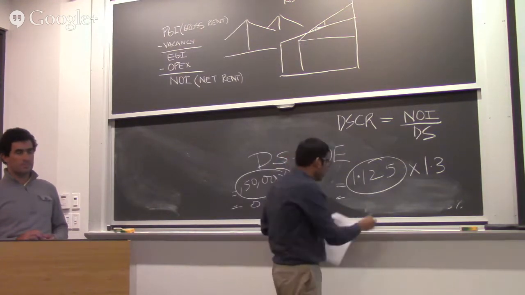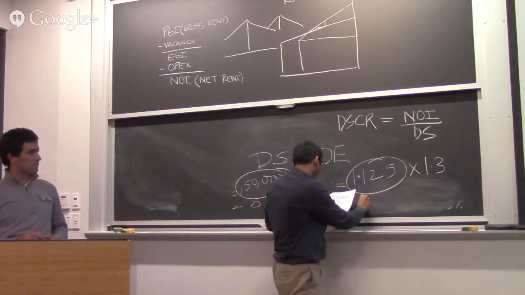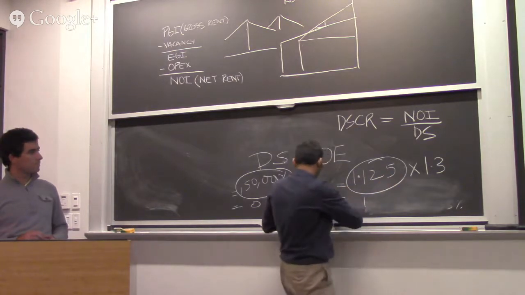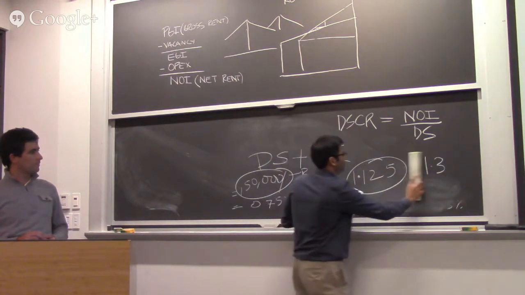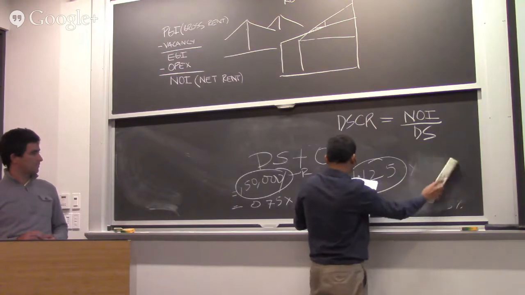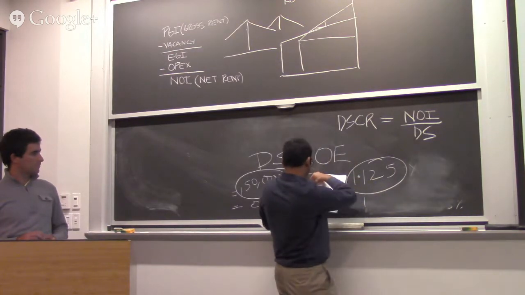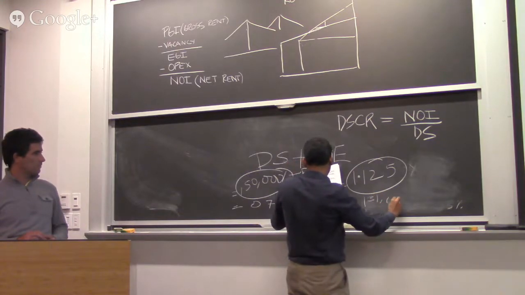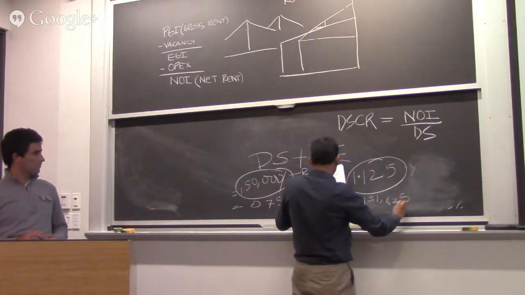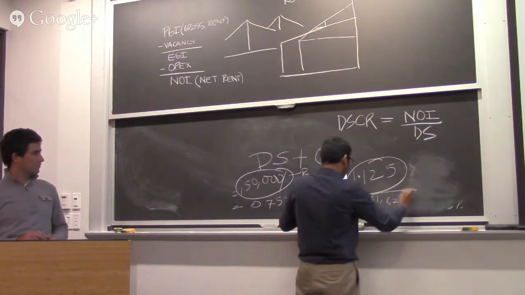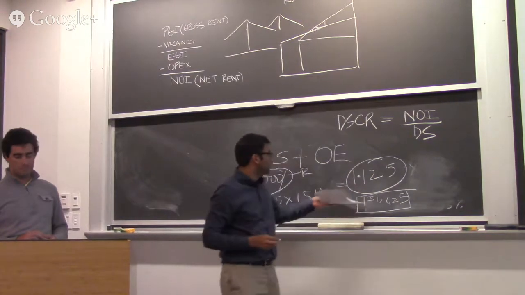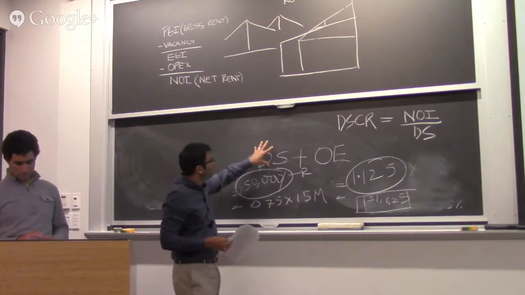The answer is 131,625. We multiply by 1.3 because it's 130%. So this is one component you've taken care of: debt service.